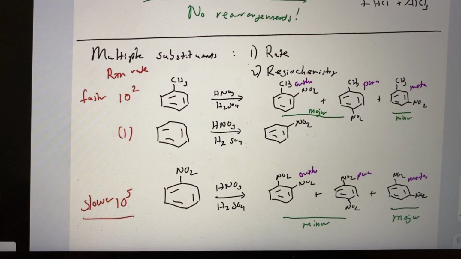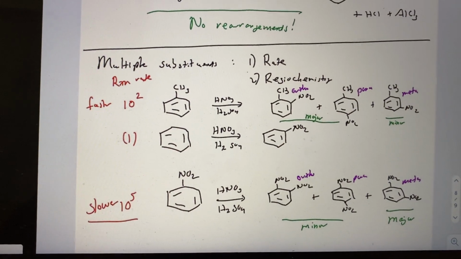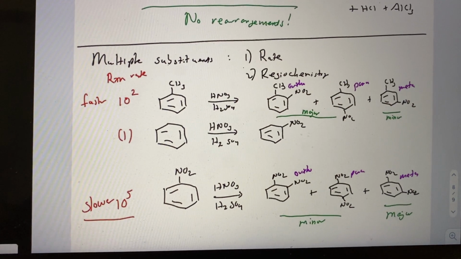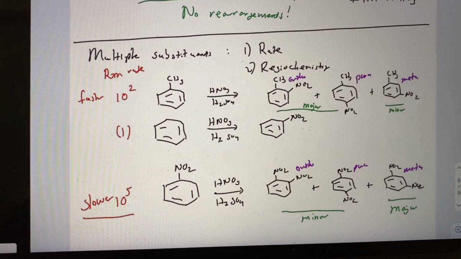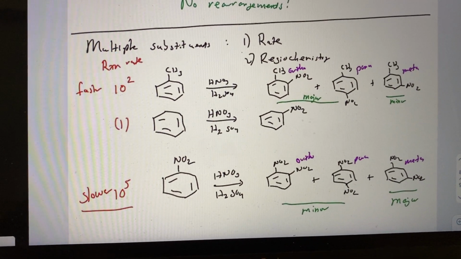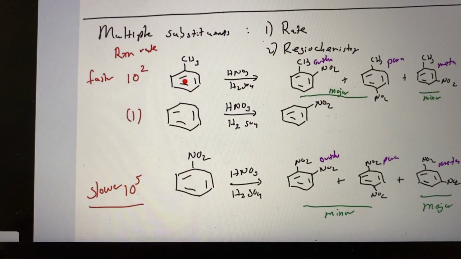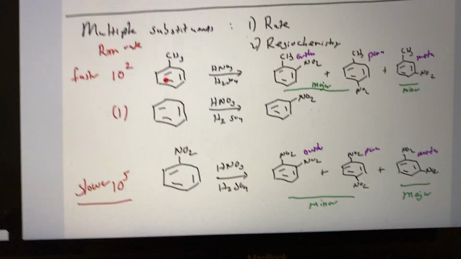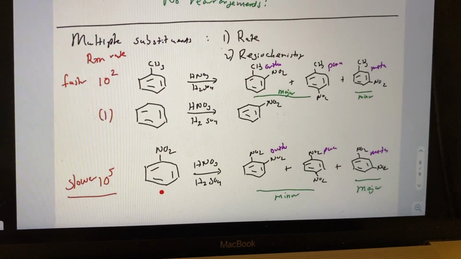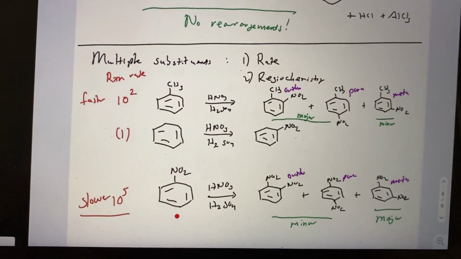The rate is everything relative to benzene, which we give an arbitrary value of 1, like 1 per molar per second because it's bimolecular. What we would find is that toluene reacts a lot faster than benzene, and nitrobenzene reacts a lot slower.